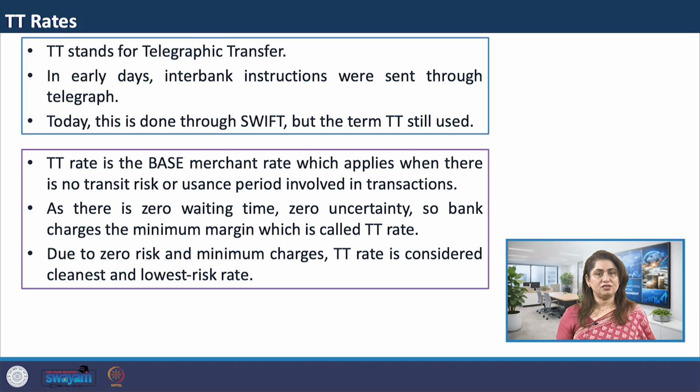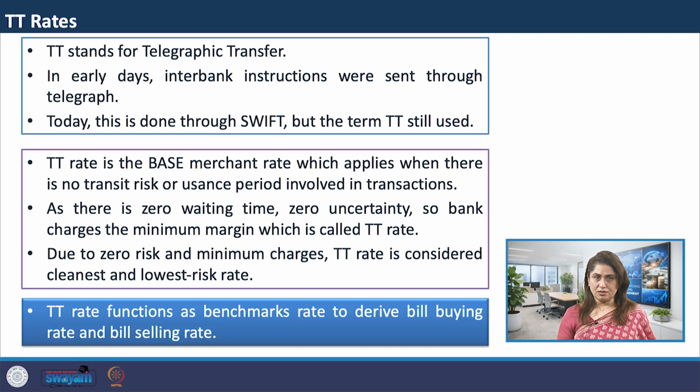This is why the TT rate is considered the cleanest, lowest risk rate. It is the starting point, which is the benchmark, from which all other merchant rates are derived. Everything else, that is, bills buying, bills selling, is just the TT rates adjusted for risk and time.